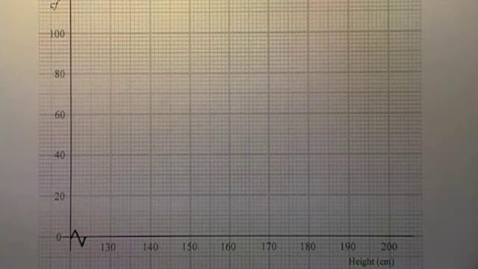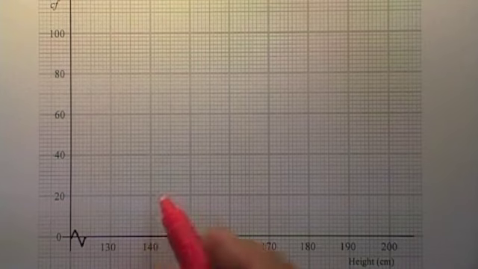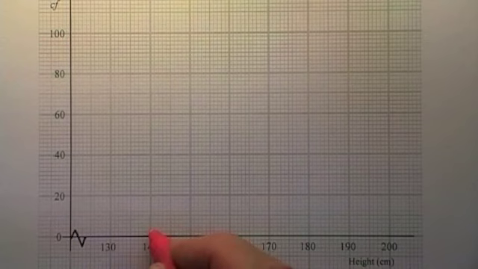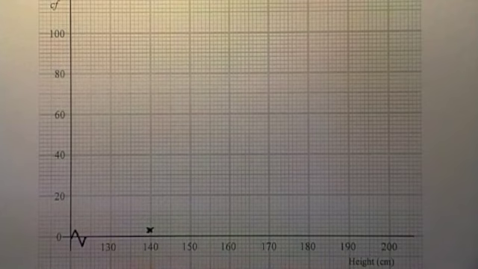I'm now going to plot my coordinates. The first one, the upper boundaries, was 140 and the cumulative frequency was 3. Now on this scale, 20 is 10 squares, so each little square is 2, so 3 is halfway there, 140 and 3.